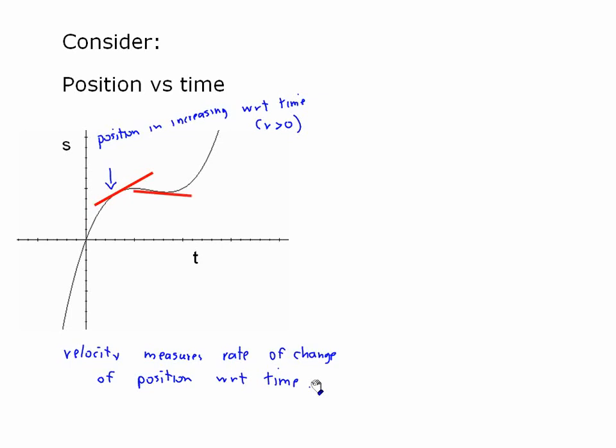As well, if you had something like this, we would say that the position is decreasing with respect to time. So you're moving back to the origin, if you like, or wherever you started from, but your position is decreasing as time passes.